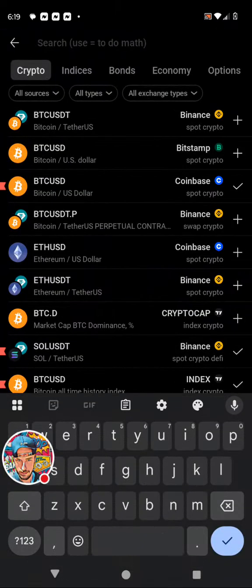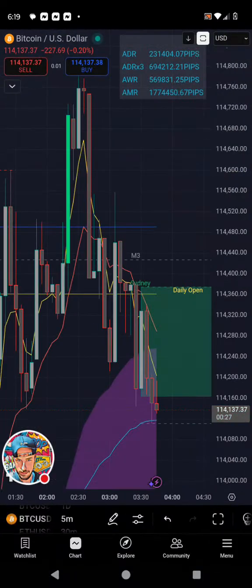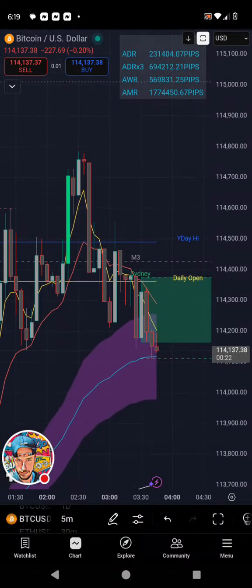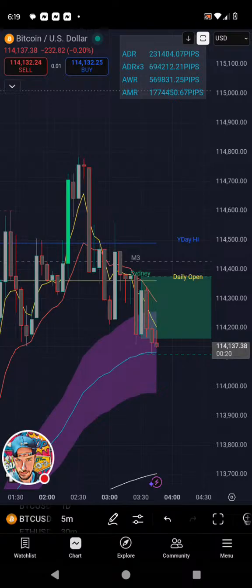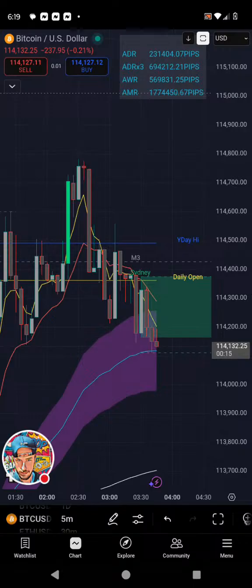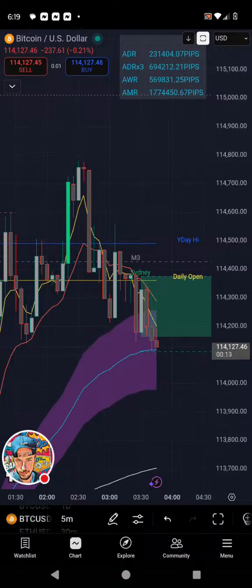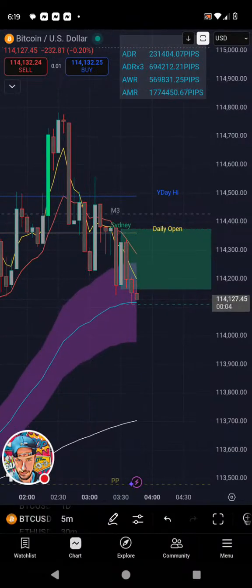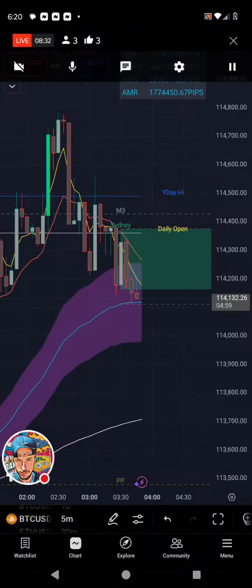Now we are going to look at the BTC, and BTC on that 5, that moving average right there, right now it's 114,132. The previous wick actually touched that moving average. So if we see it hit this moving average and go into the next candlestick below that, that 200 moving average is sitting right there at 113,700, and obviously the king is going to determine how we move in the rest of the crypto market.